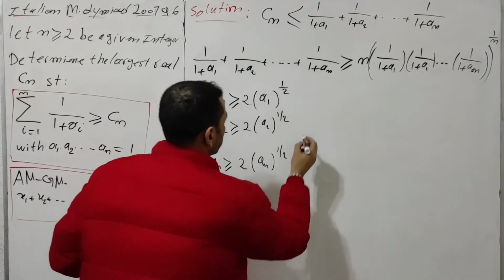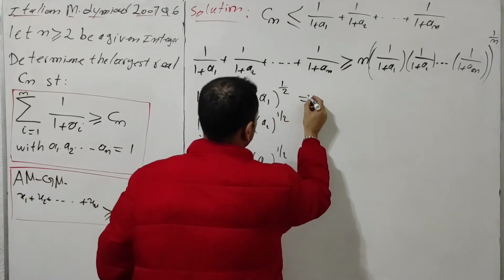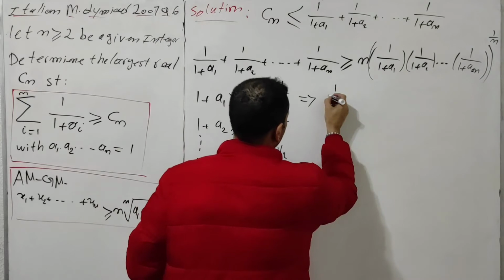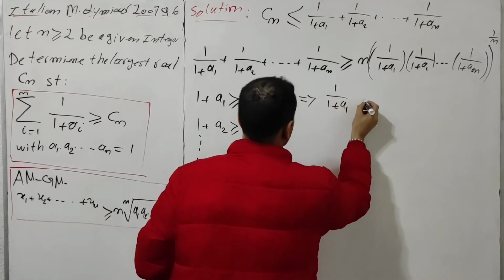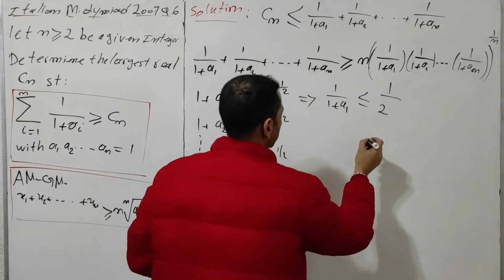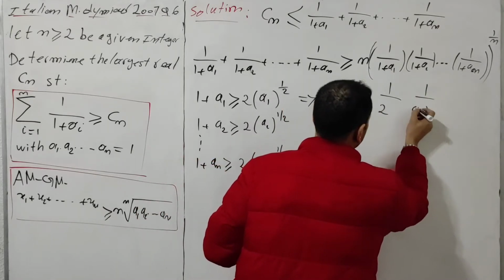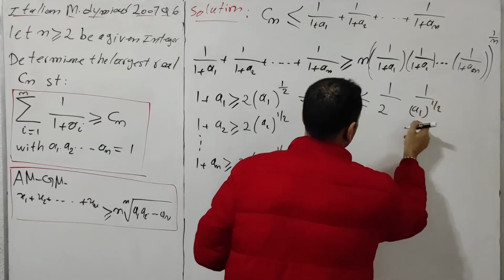Now I'm going to take the reciprocal of these. We get 1 over 1 plus a sub 1 is less than or equal to 1 over 2 multiplied by 1 over the square root of a sub 1.